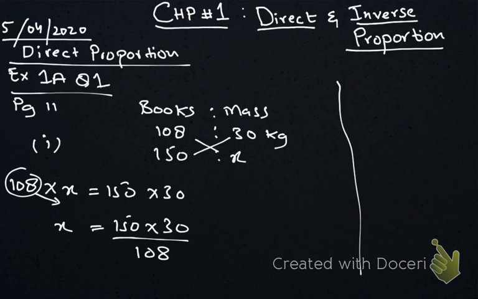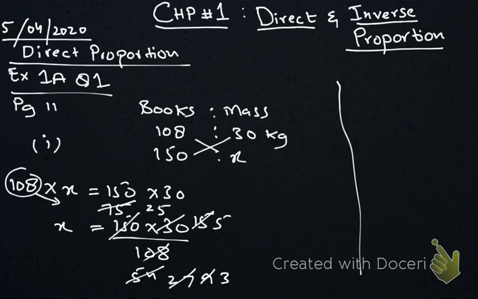Now simplify. This becomes 25 into 5 over 3 equals x.